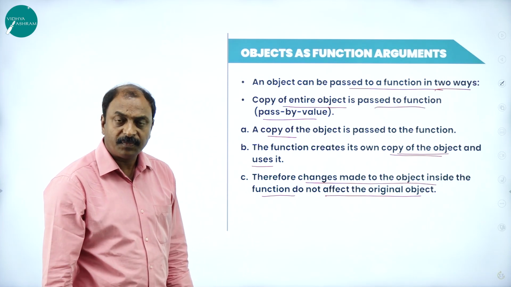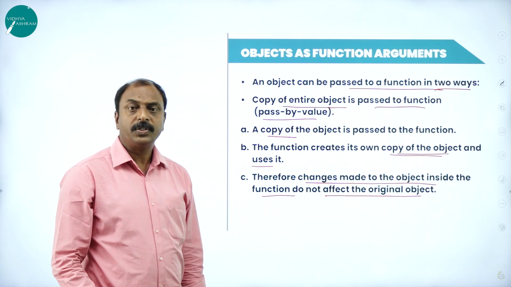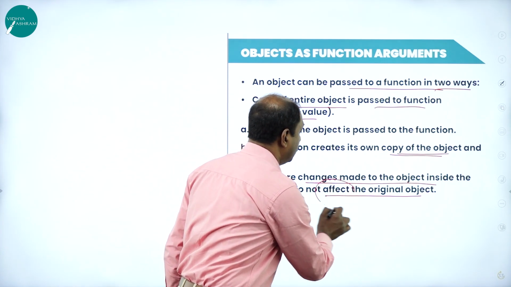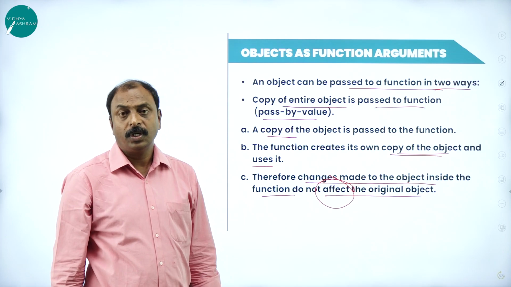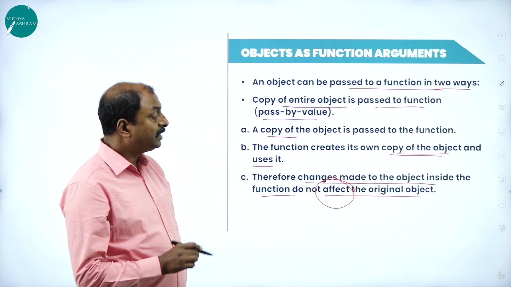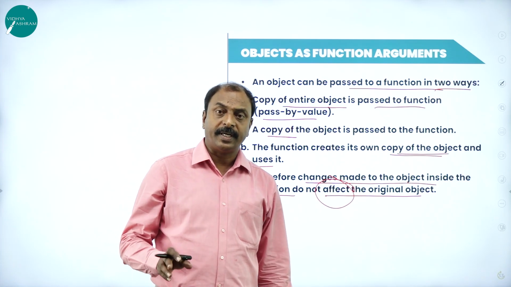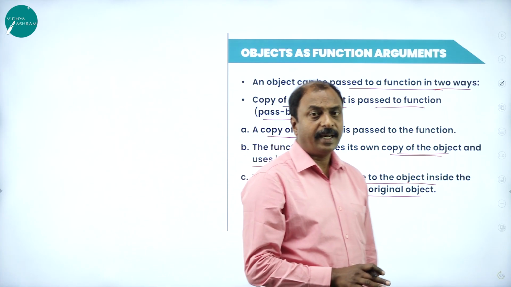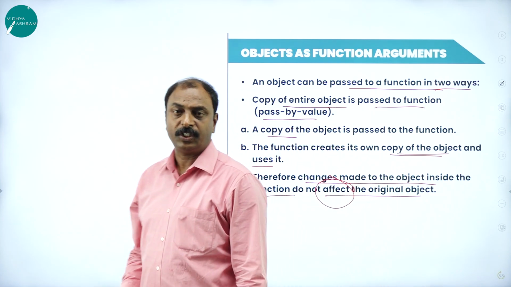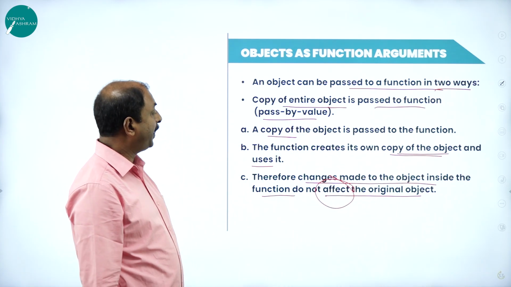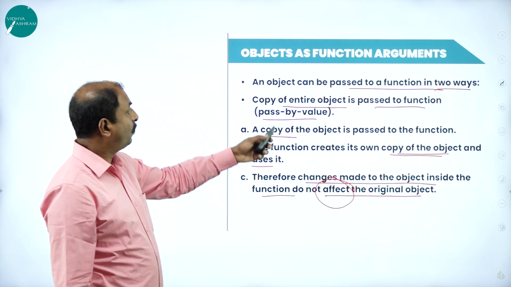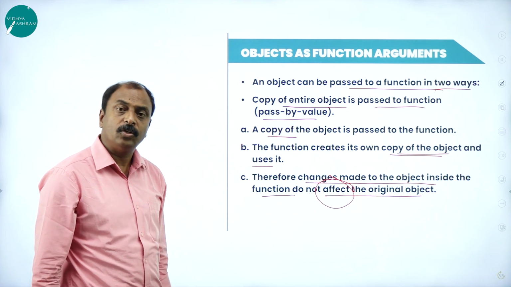As it is working with the copy of the object, it doesn't have any effect on the original value. So any changes made inside the function are limited only to the function, and when the control comes out of the function, it doesn't have any impact on the original values. So this is one method, the pass by value method.